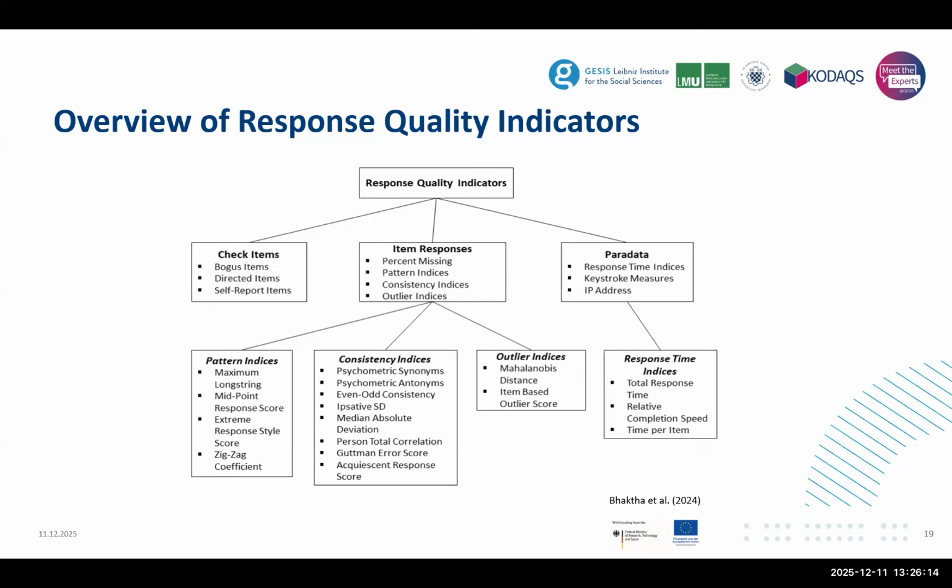Also, you can use paradata as response quality indicators, for example, keystroke measures. We also have the consistency indices, which are more focused on psychometric indicators, like consistency of answers in a multi-item scale, and so on and so forth.